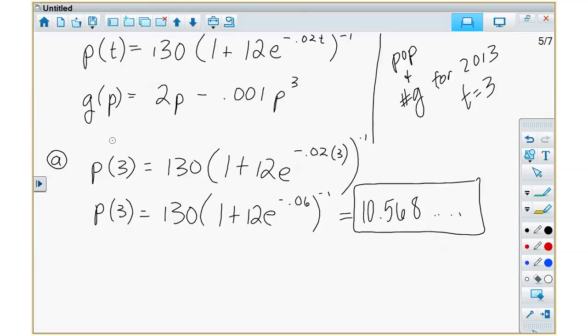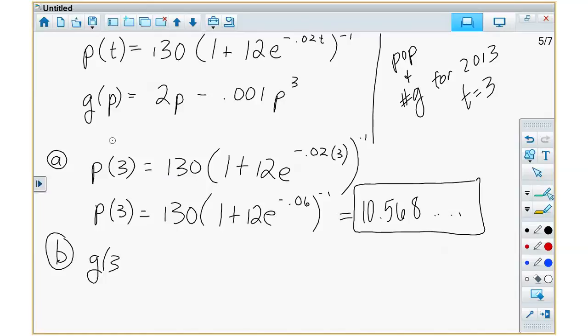Okay, now, again, the population and the number of garbage trucks for 2013. What is this formula? P. Well, we just found P right here. So we're going to take P and plug it in there. So B is going to be equal to G of P, G of 3, I'm sorry, G of 10.5.